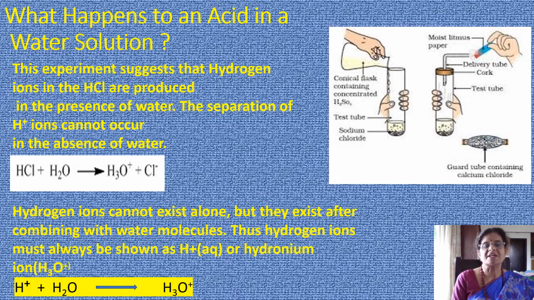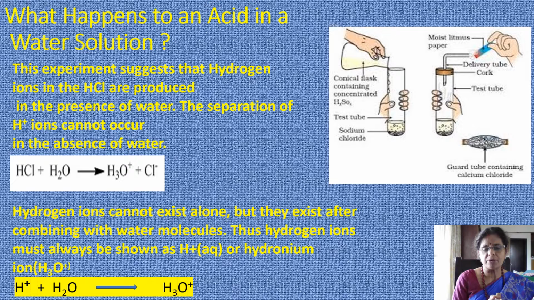This experiment suggests that hydrogen ions in HCl are produced in the presence of water. The separation of hydrogen ions, or H plus ions, cannot occur in the absence of water. So you can write HCl plus H2O gives H3O plus Cl minus.